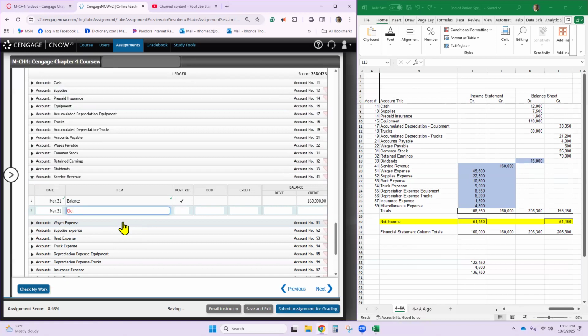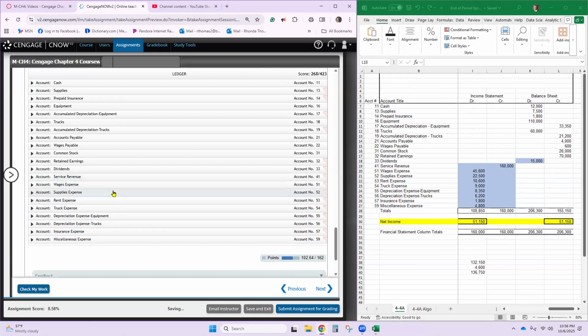It is coming from page 27. We are debiting 160,000, and so this is going to be 0 when we're finished.